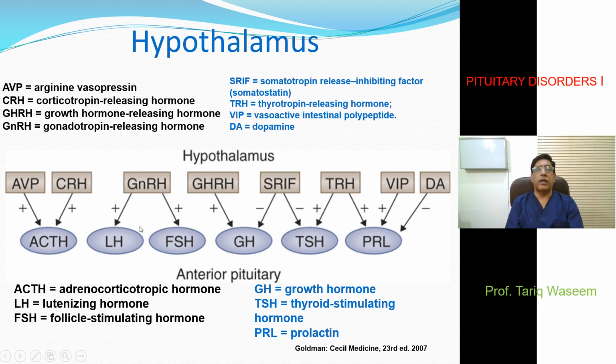So if you look at this diagram, the hypothalamus in the majority of cases is responsible for a positive or stimulatory effect onto the pituitary cells of various releasing hormones, but it also has a negative effect on some. It also has a negative effect on thyroid, and similarly dopamine has a negative effect on prolactin.